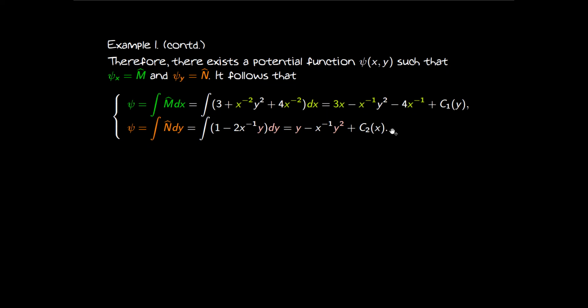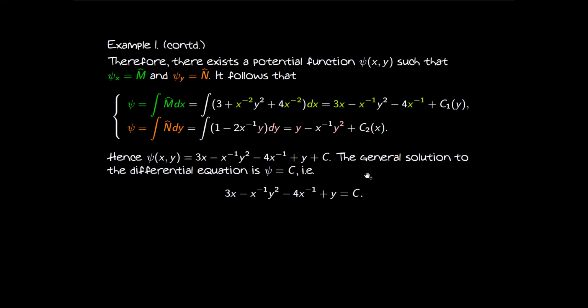We don't have any conflict, although they look different. And we can just collect all the terms in these two expressions to get our psi function. And we know the general solution to this equation is going to be psi equal to a constant, which will be just this equation, okay? It's defined implicitly by this equation.